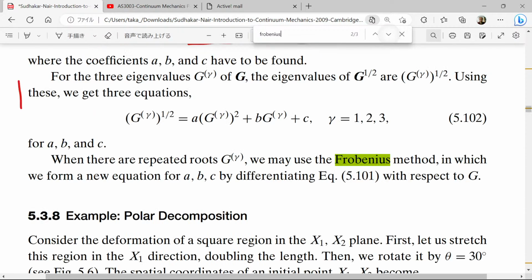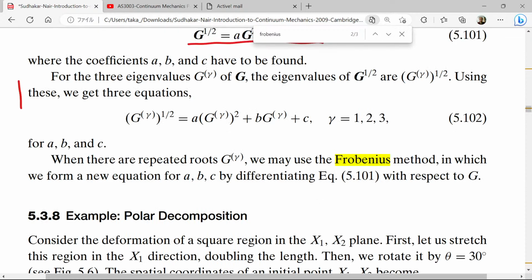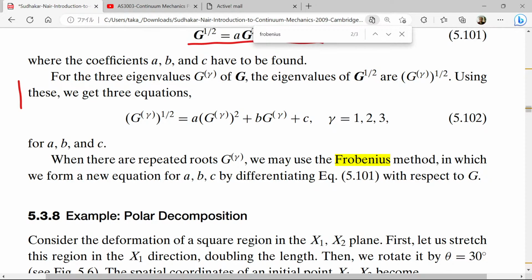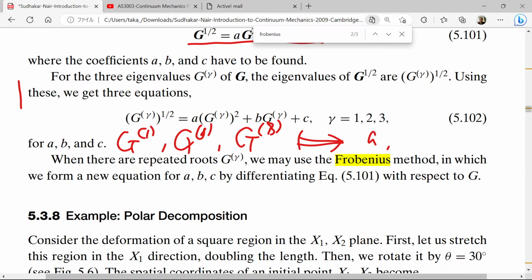That's the Frobenius method. So okay, if we need three values, G1, G2, G3, from these three values we can obtain A, B, C. But if, for example, G1 happens to be G2, you only have two values.